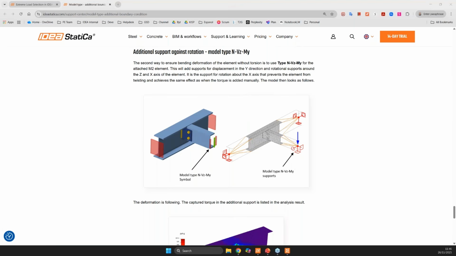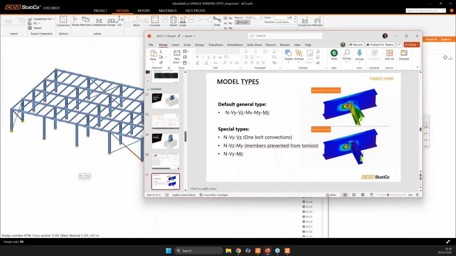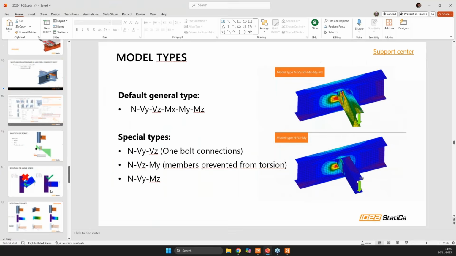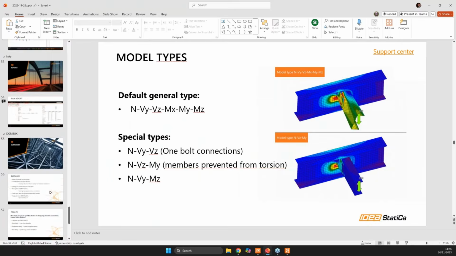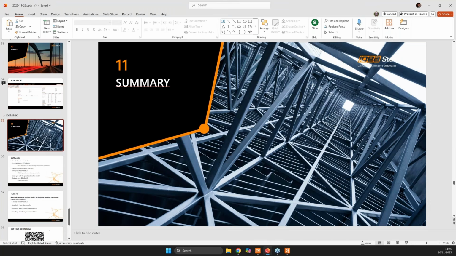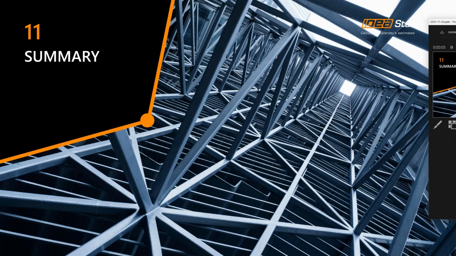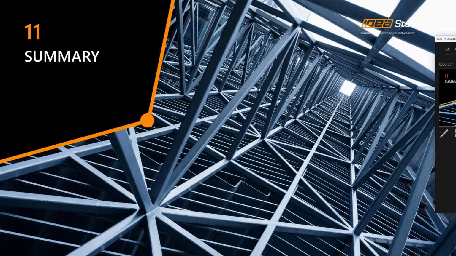Amazing, Dominik. Thank you. That's been very important to mention how the boundary condition works. And I think every structural engineer should be familiar with the essentials of where the boundary conditions are located, and how they affect the members if you assign some model types, because it brings clarity, and your sanity check is very important.